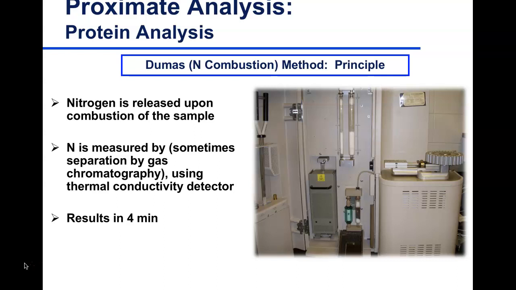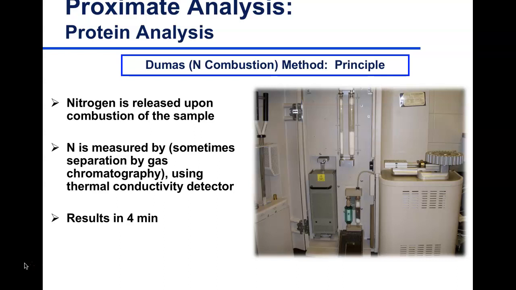What it does is it works by combustion. But rather than combusting using concentrated sulfuric acid, we use this furnace in here, and this furnace is at 950 degrees Celsius. So it definitely combusts your sample. From there, the whole rest of the instrument is focused on separating the nitrogen out from all of the other components.